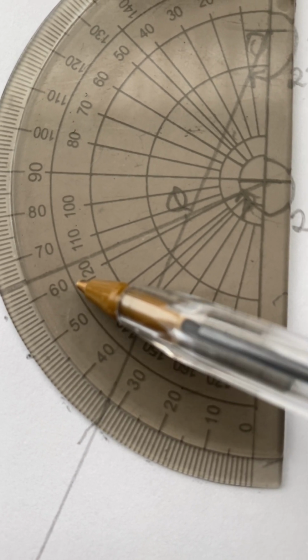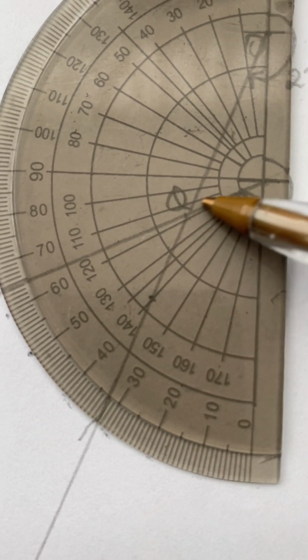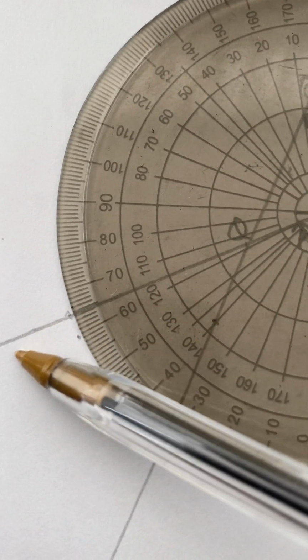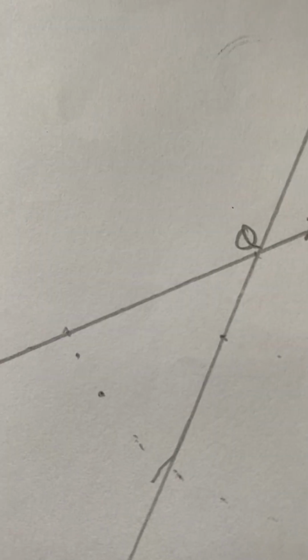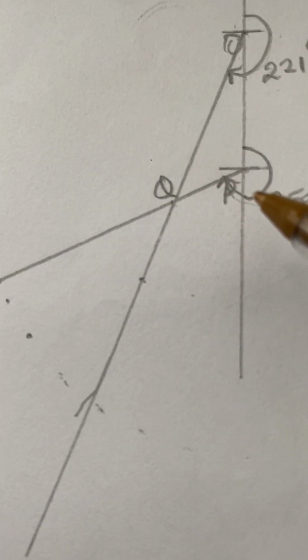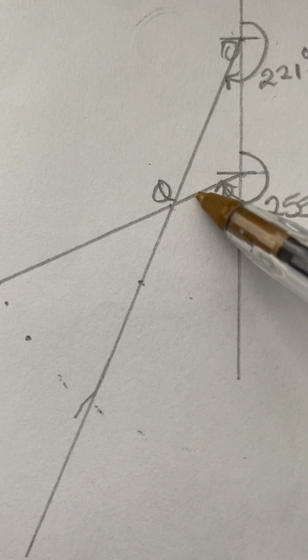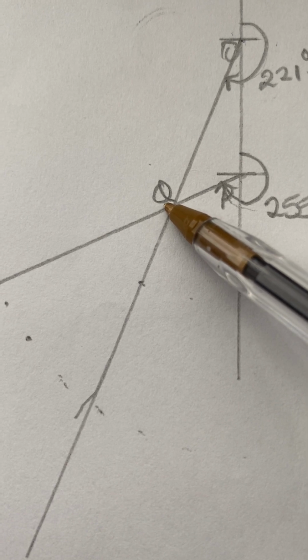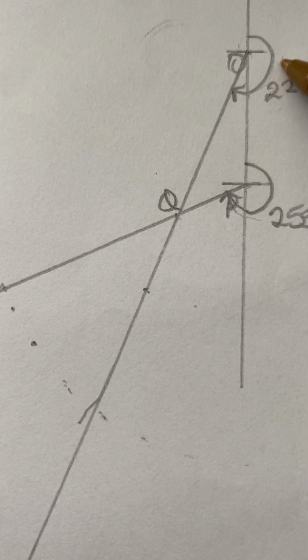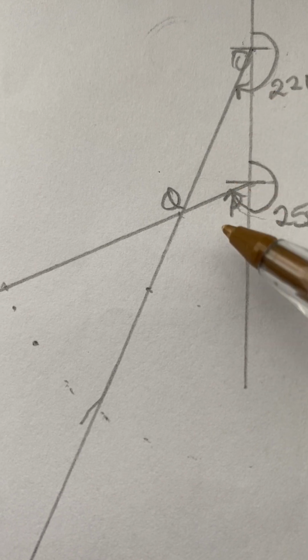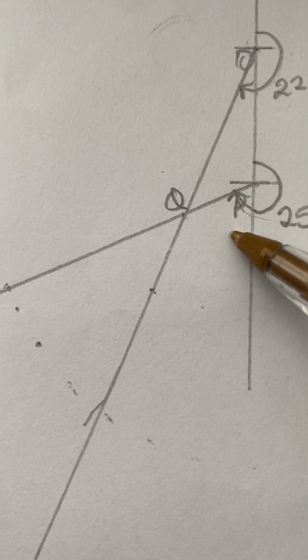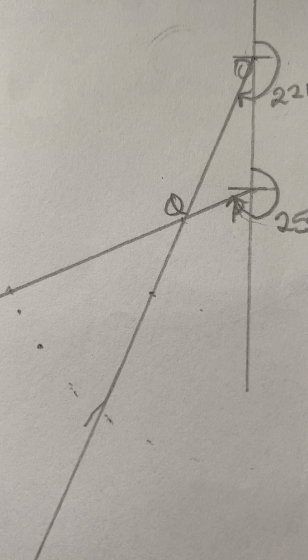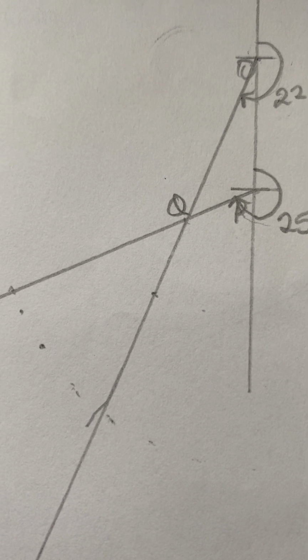So assuming this is 255, this line here, where they intersect will be my point Q. I would like you to go and draw this once. Maybe because it's not actually up to scale.